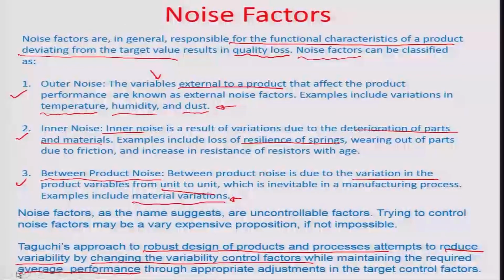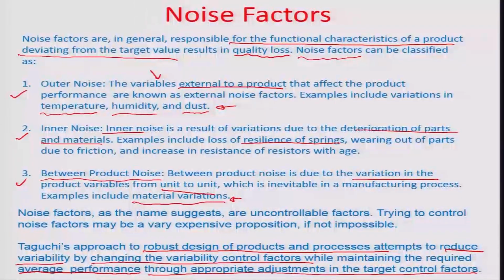There is of course a target set up for the response of such engineering systems, and this average performance can be adjusted through appropriate adjustments in the target control factors, and that basically gives you an idea of how robust design can be carried out.